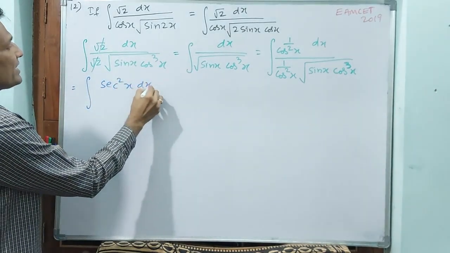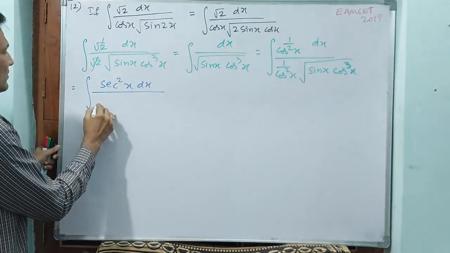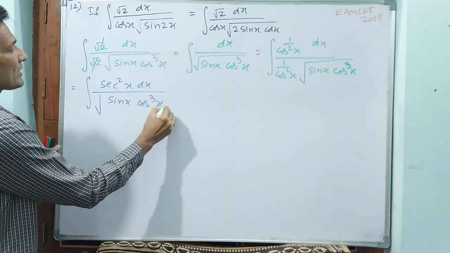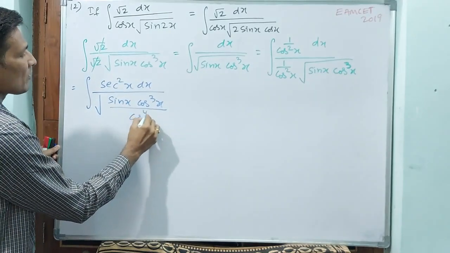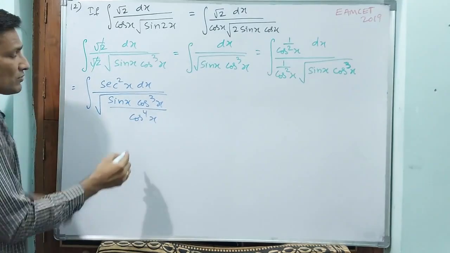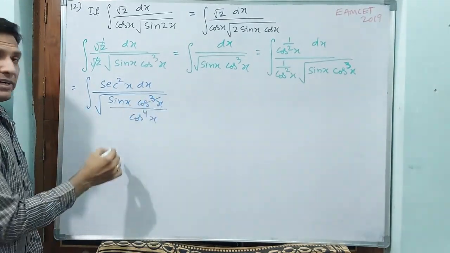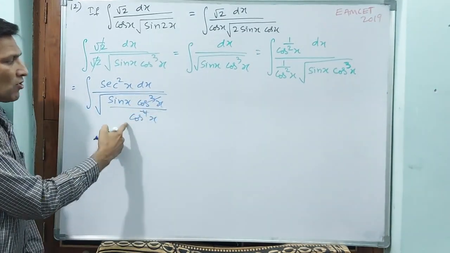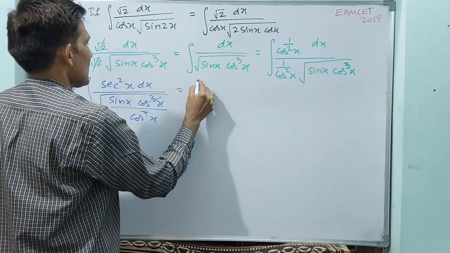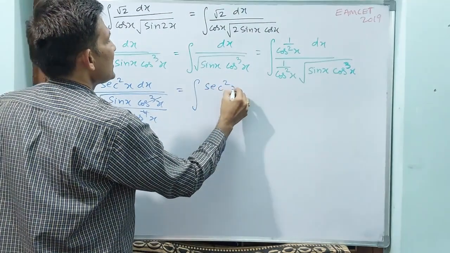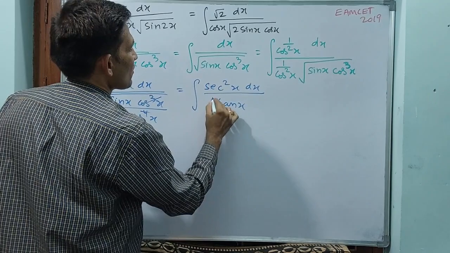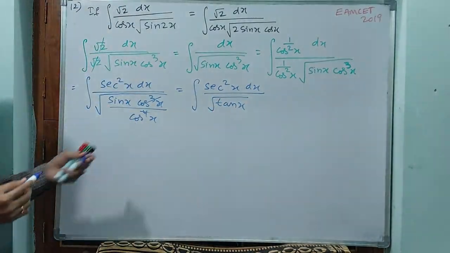Secant square x dx by sin x cos cube x divided by cos to the power of 4x. Why? Cos square, if it goes inside, becomes cos to the power of 4x. Now you see, cos cube x completely gets cancelled and only cos x will be there. Sin by cos, tan. Secant square x dx by tan x, but under the root. Sin by cos, tan.